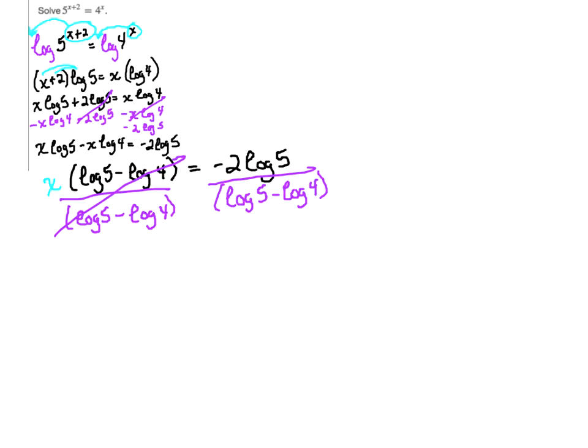Okay, so when we get here, this solution equals negative 2 log 5 divided by log 5 minus log 4.